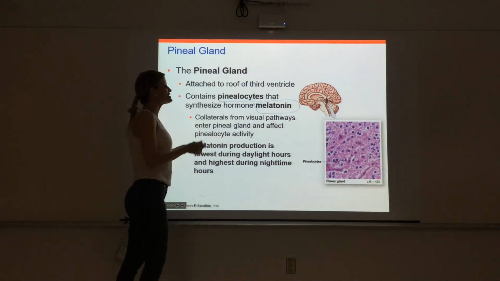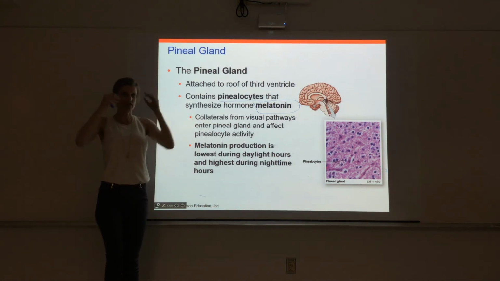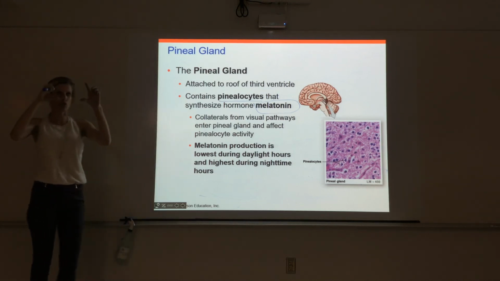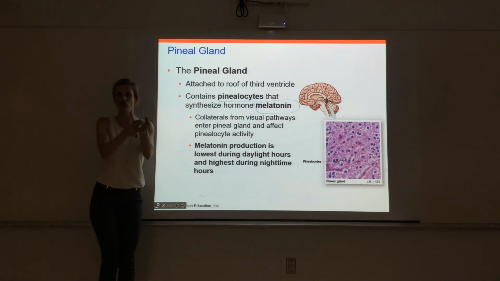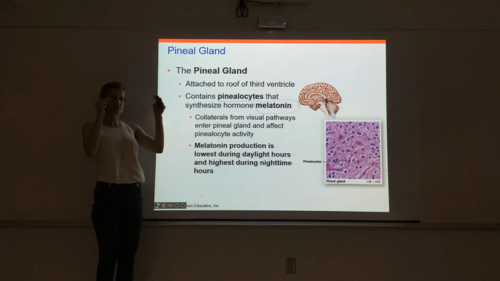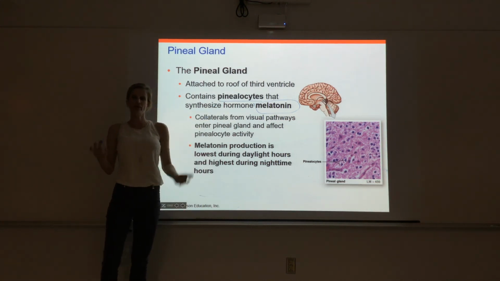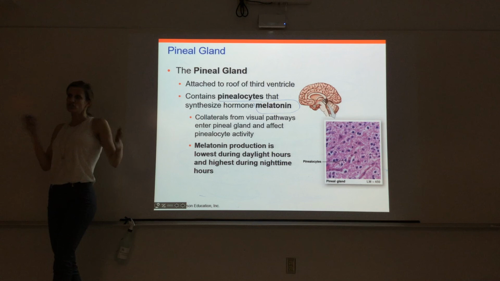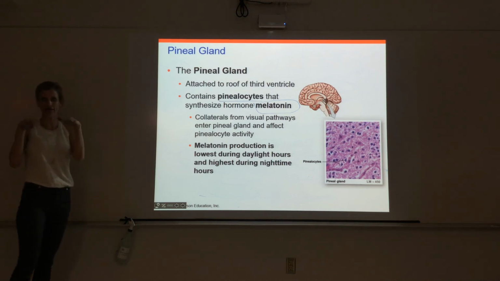So what happens is our visual pathways, the nerves that take signals from the eyes and carry them back to the visual cortex in the brain, those pathways have these collaterals or little branches that will branch out and also innervate the pineal gland. So the pineal gland secretion is directly correlated with how much activity you have coming through your eyes.